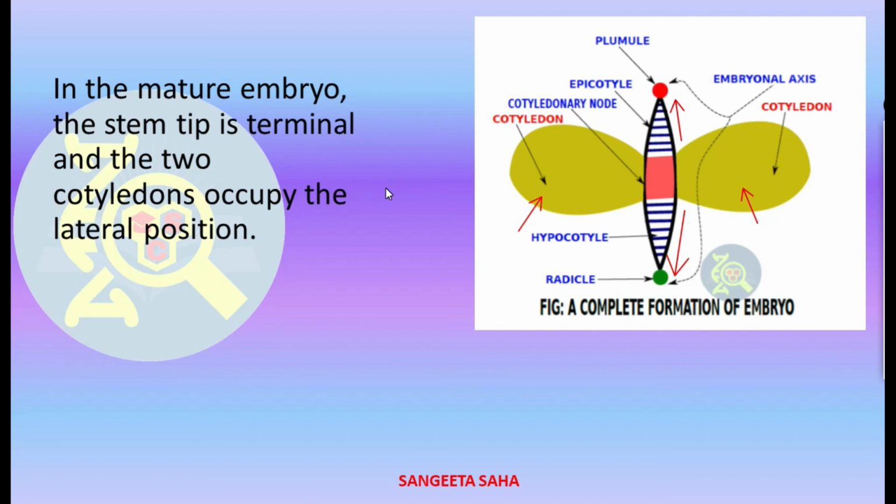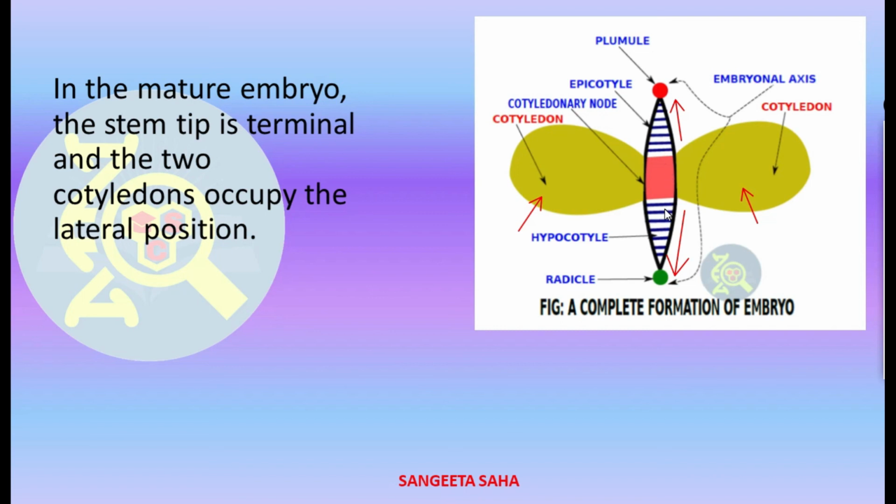Now, another two areas are still left to be defined. The part between the cotyledonary node here and the plumule, meaning this part, is known as the epicotyl. Why epicotyl? Because it is above the attachment point of the cotyledons.